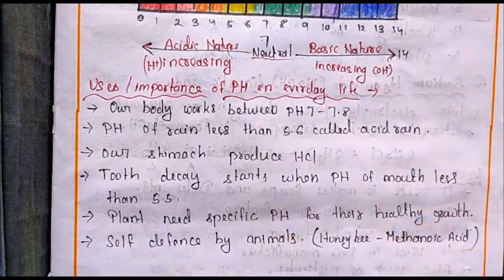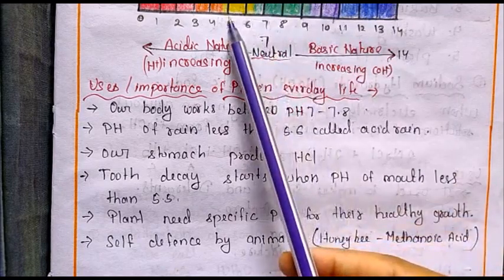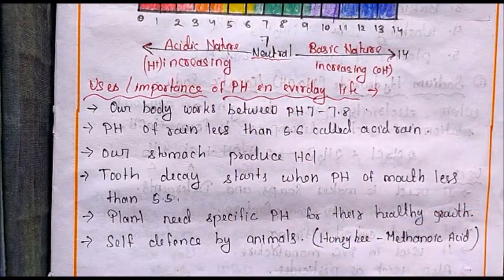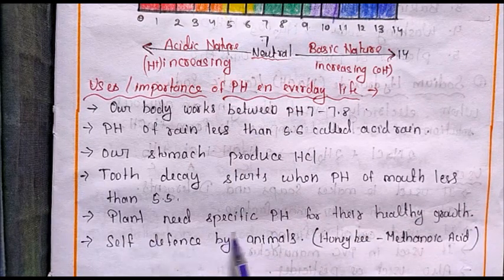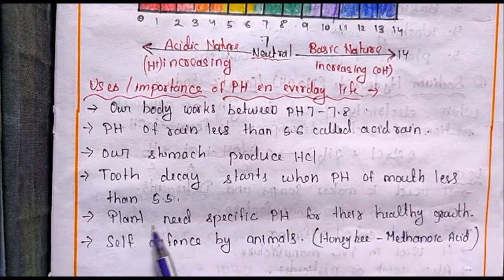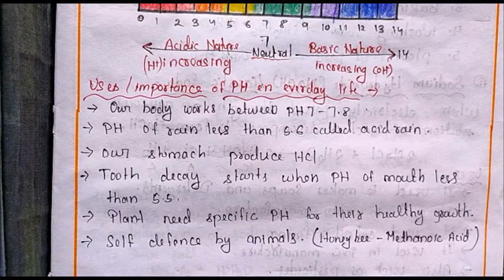When the acidic level increases and the pH value of our mouth decreases below 5.5, then tooth decay starts, meaning destruction of tooth. Plants need a specific pH for their healthy growth. So farmers also check the pH value of the soil for proper growth of plants.